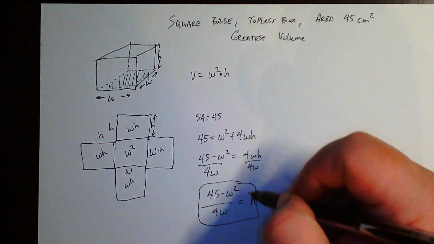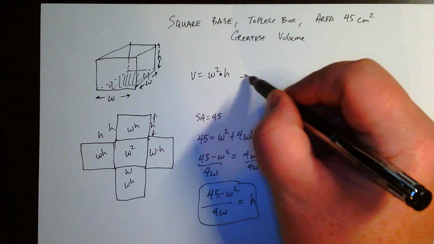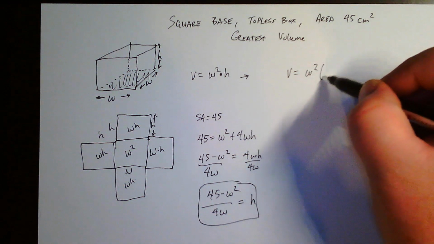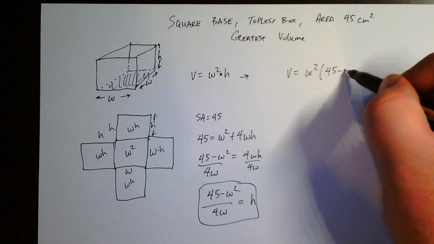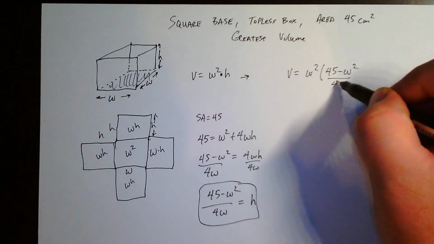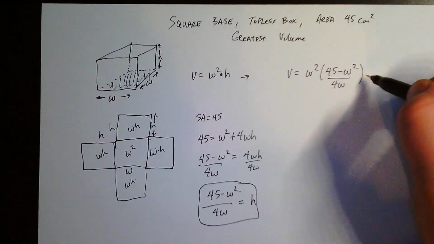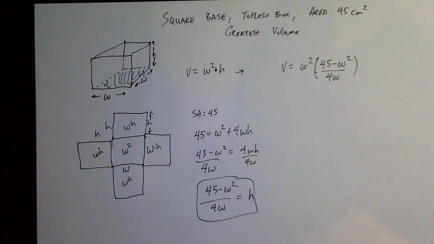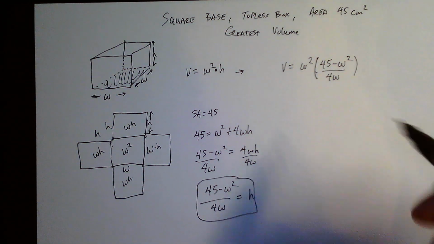So there, that's H right there. All right, so I'm going to take that H, I'm going to plug it in. So I've got volume. Now, this part isn't difficult, but a lot of people mess up, myself included, because they rush through it a little quick.